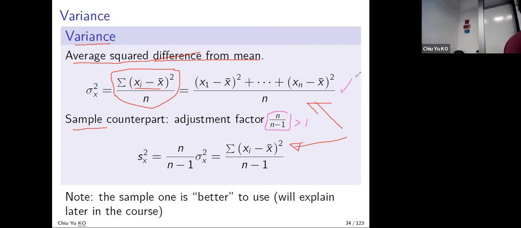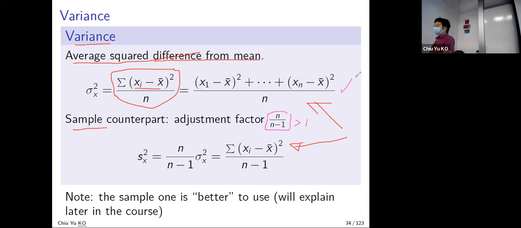But suppose, which is often the case, you're a researcher or a company, and you only get a random sample of the Hong Kong population. Maybe the government only gives you 10% of the data or even 1%. Just like data in China, which is huge. When you ask the Chinese government for data, they may only give you 0.1% or 0.01%, because there are 1.4 billion people. They will never give you the whole data set, because of data security.